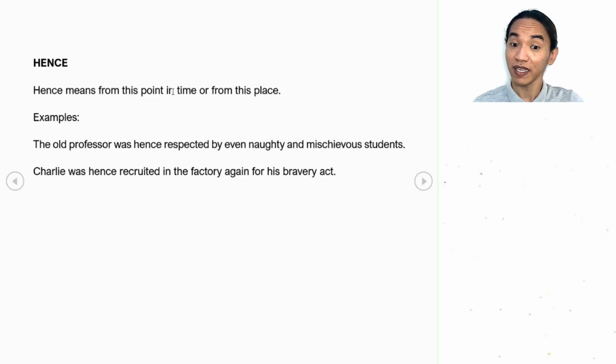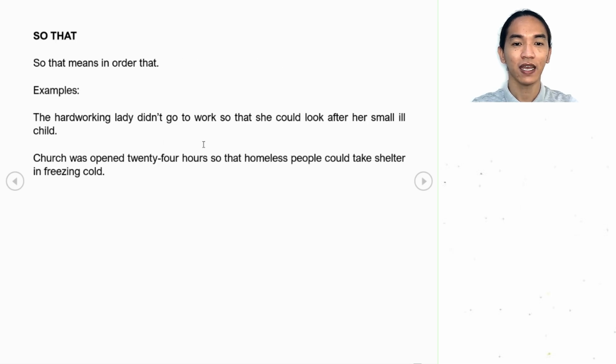Okay, from this point, from this place, was recruited in the factory. So you can see we follow the word hence with your verb, but it is in a passive form or your PP form. All right, next we have so that. So that means in order that.